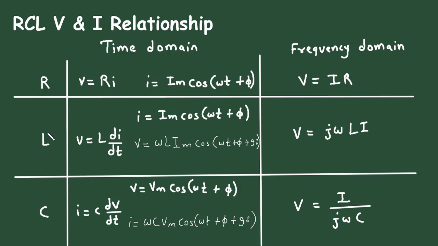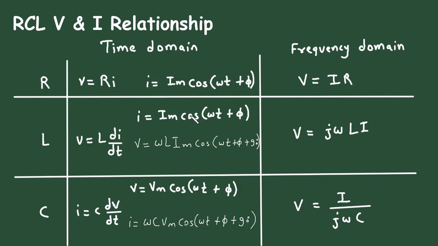Now for the inductor, which is represented by L, the voltage and current relationship in time domain is v is equal to L di by dt. And we know that i is equal to Im cos(omega t plus phi). If we substitute this value of i here, then we have to take the derivative of this.